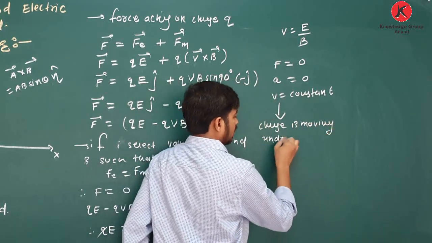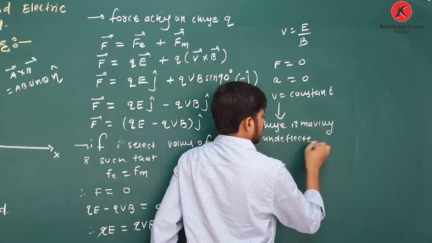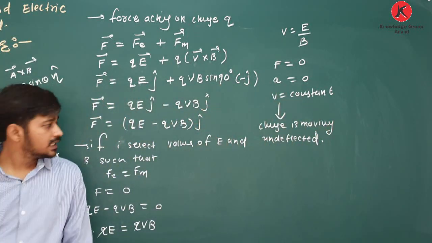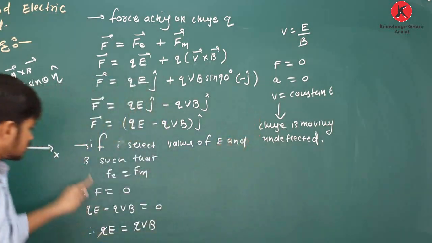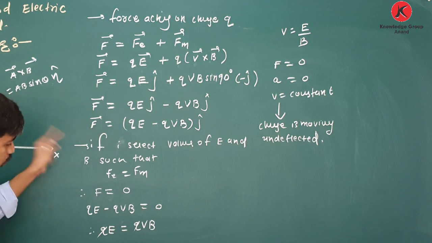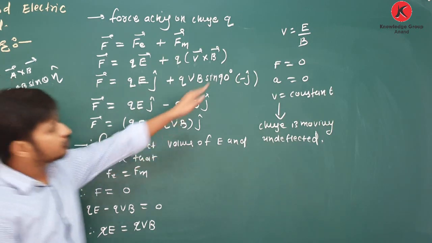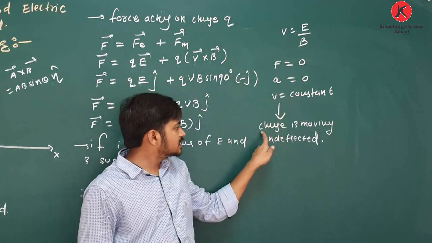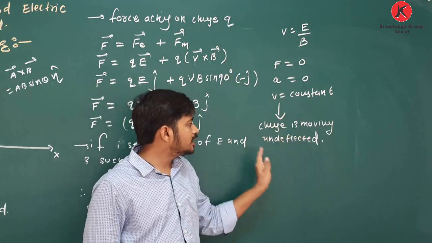Clear about this? So when magnetic field and electric field are perpendicular to each other, total force is equal to 0, means when V is equal to E upon B, in this case, charge is moving undeflected.